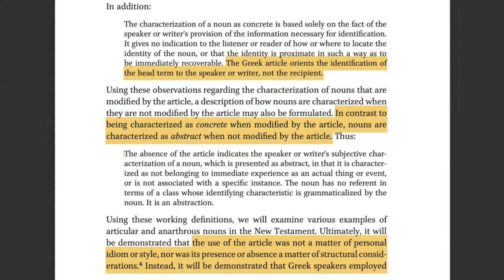A specific instance is like a specific occurrence of something that really happens or is. So that's kind of hard to explain, but the noun has no referent in terms of a class whose identifying characteristic is grammaticalized by the noun. It is an abstraction. Okay, so that's a pretty good summary of the use without the article.